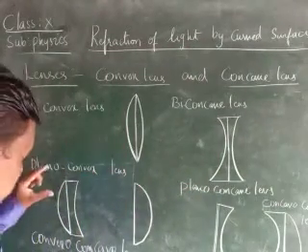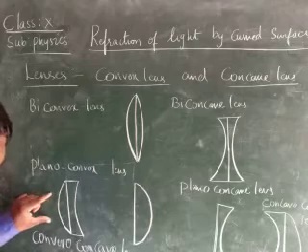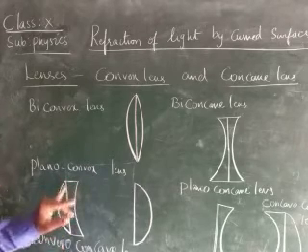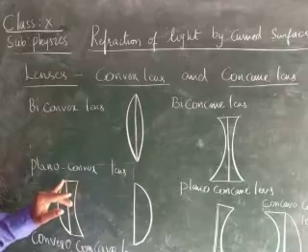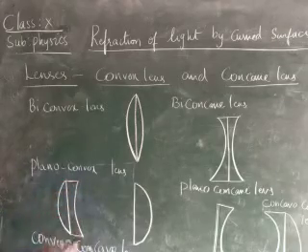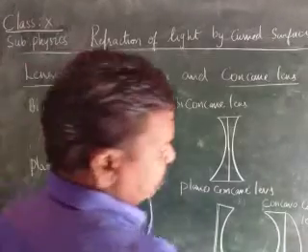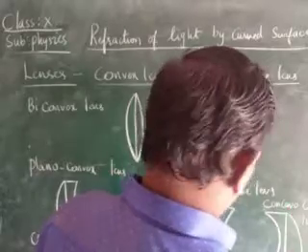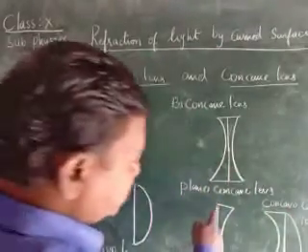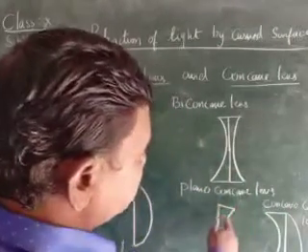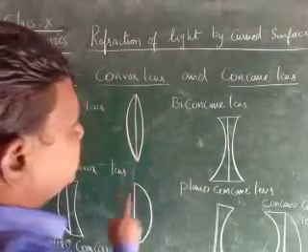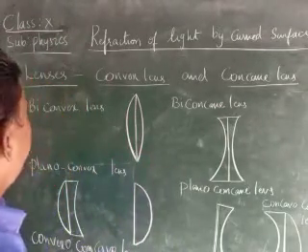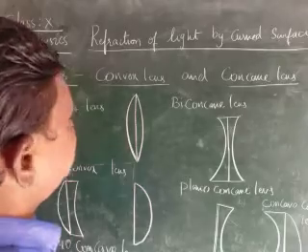In the convexo-concave lens, first we have the convex lens, then the concave lens. In the concavo-convex lens, concave first, convex next. Plano-concave means first plane, next concave; plano-convex means first plane, next convex. Like this we have different types of lenses, children.